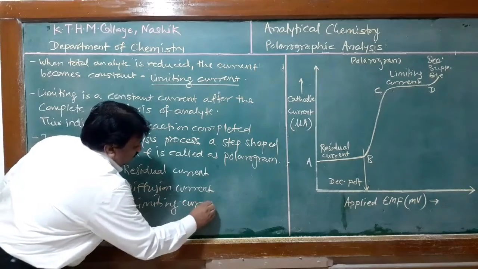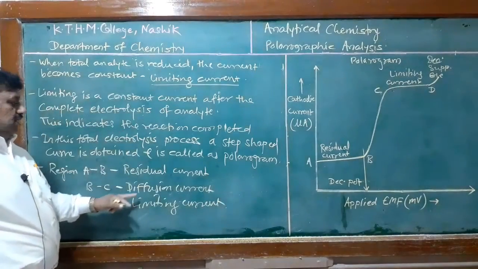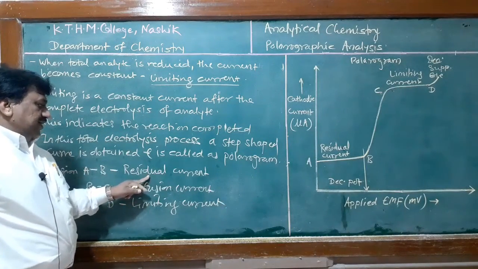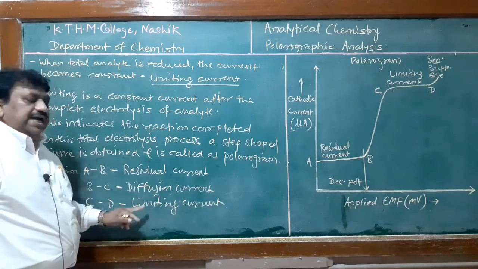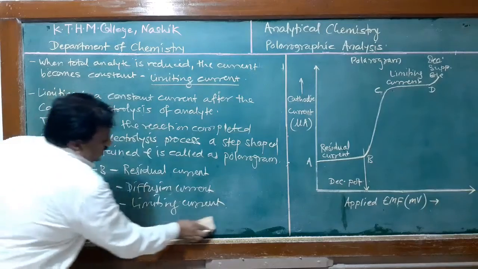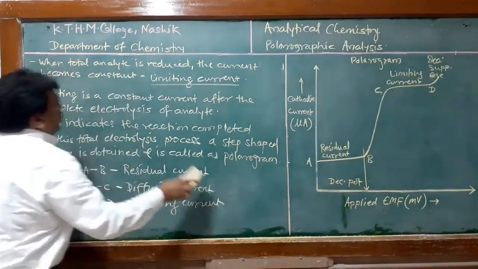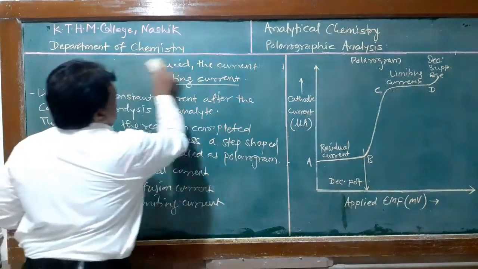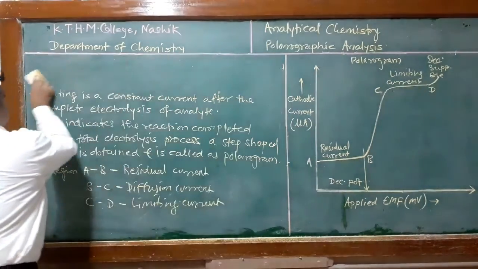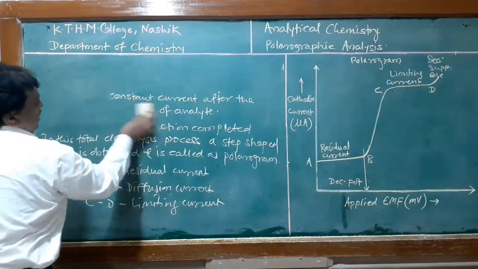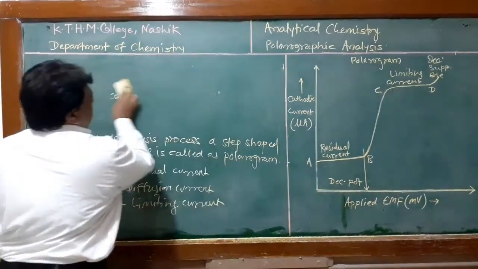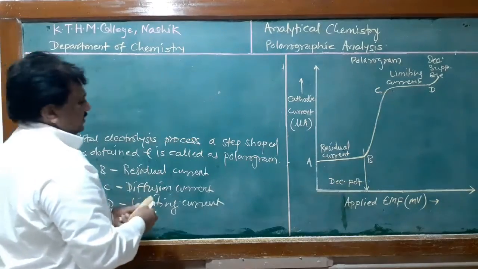Therefore, a polarogram having a step curve shows a residual current, diffusion current, and limiting current. Here the result is obtained in the form of a polarogram, and we have to discuss how this polarogram is useful for qualitative and quantitative analysis.